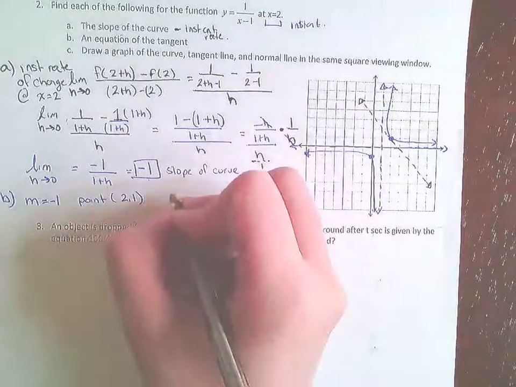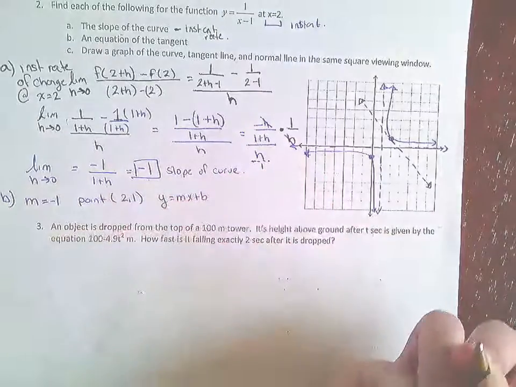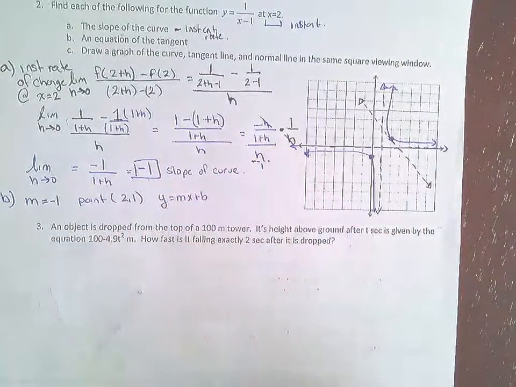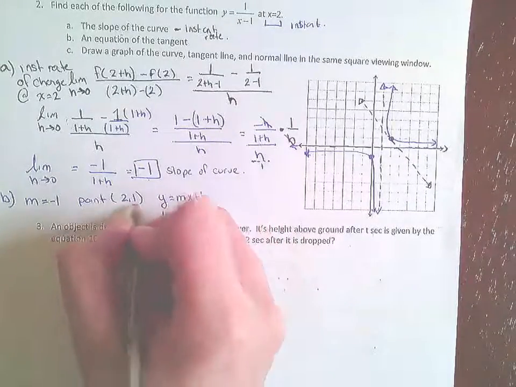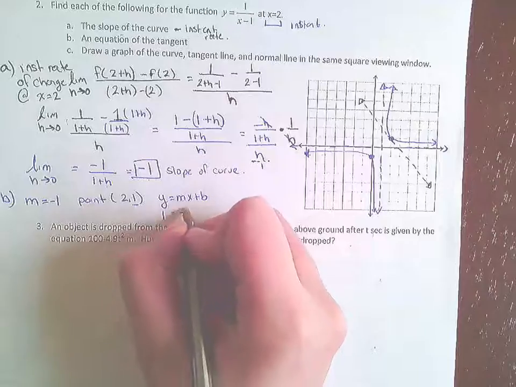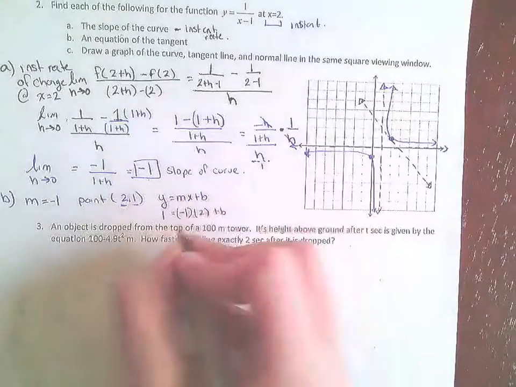And now this is old school algebra 1. We use y equals mx plus b. Or you can use the point slope form, okay, whatever you're more comfortable with. I'm going to plug in my y, which is 1, my slope, which is negative 1, my x, which is 2, plus b.